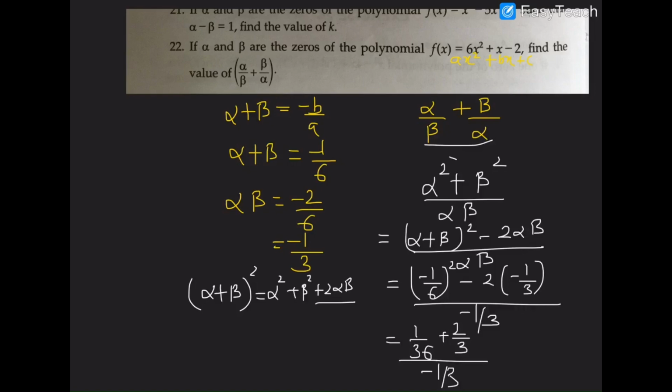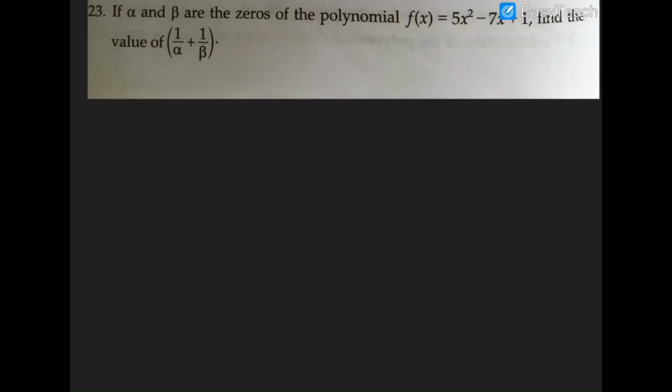Now when you take the LCM, what will you get? 36 will be the LCM. So 1 plus 24 by 36 into 3 by minus 1, which gives you minus 25 by 12. Okay, so this is your answer for this question. Let's do the next one.